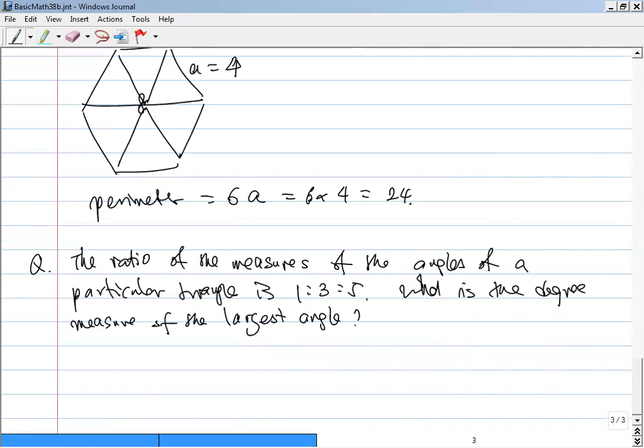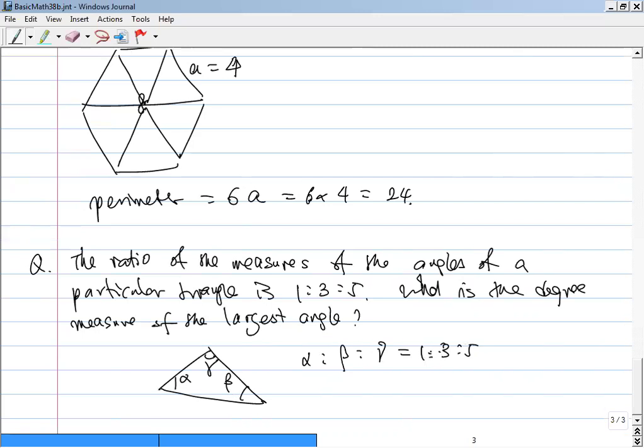You have 3 angles in the triangle: alpha, beta, gamma. Alpha to beta to gamma is 1 to 3 to 5.